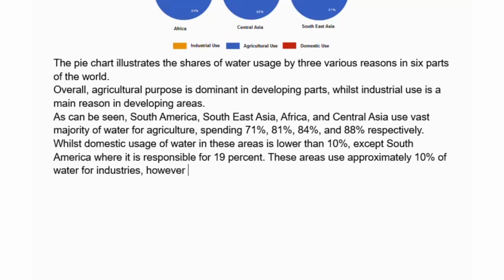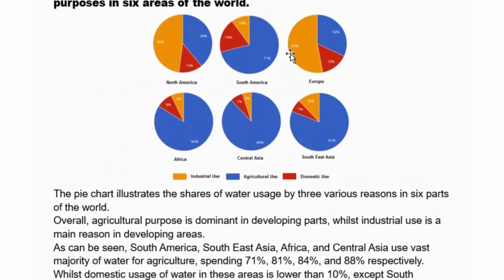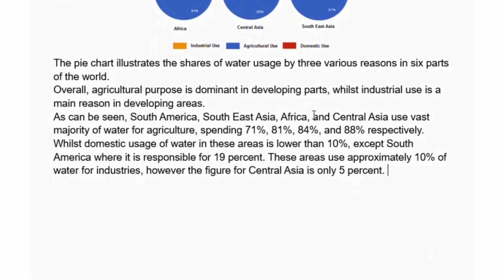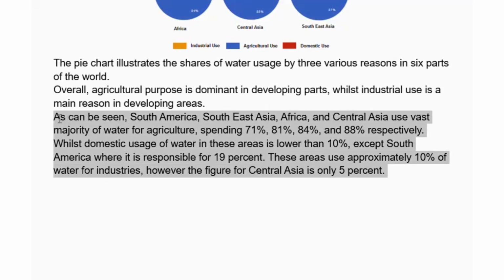However, the figure for Central Asia is only 5%. I'm trying to generalize here, but as you can see, in this case, for Central Asia it's really low, around 5%. That's what I'm mentioning here. I'm mentioning the lowest, and in the other cases I'm just saying they're around 10%. So that's all about it. That is our first body paragraph. And now I'll move to the second.